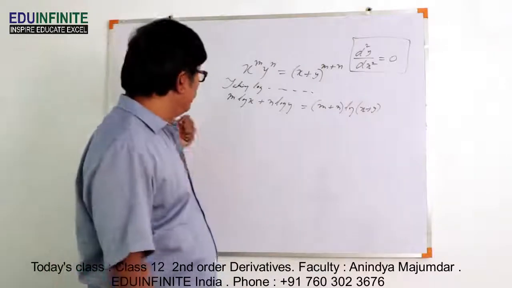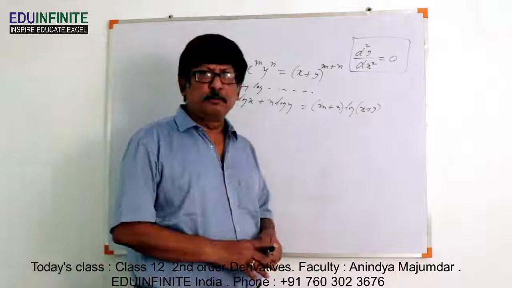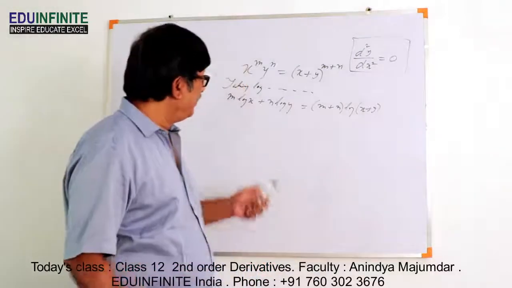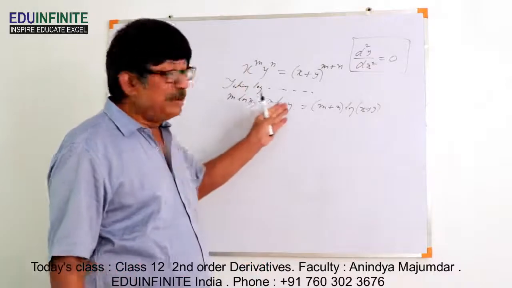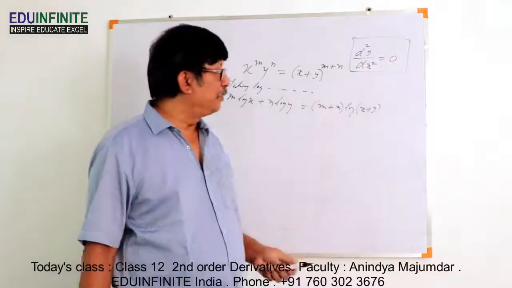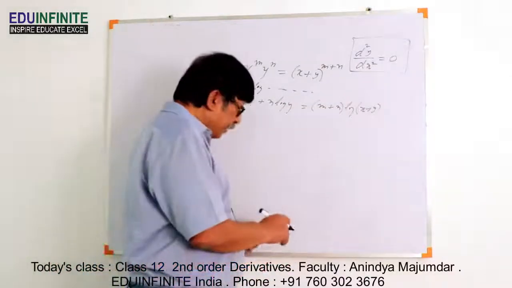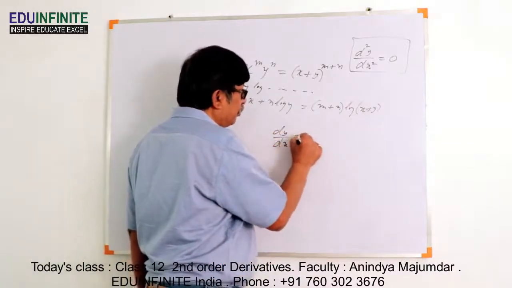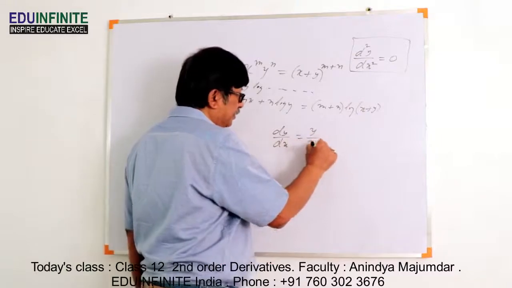Implicit. Very good, implicit. You are in top form today. Implicit form, absolutely correct. Then after 2-3 steps, after simplification I will get dy/dx is equal to y by x.